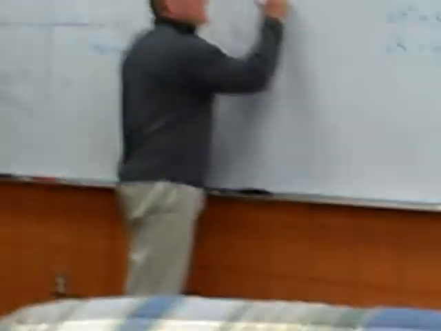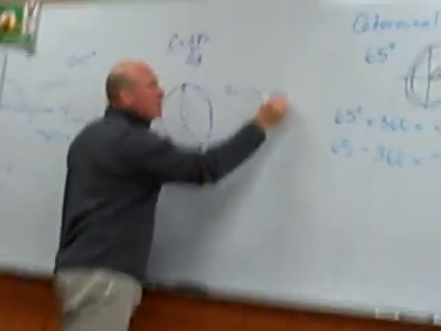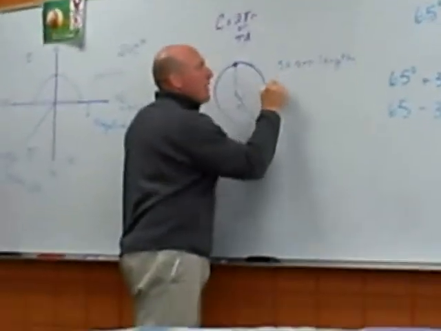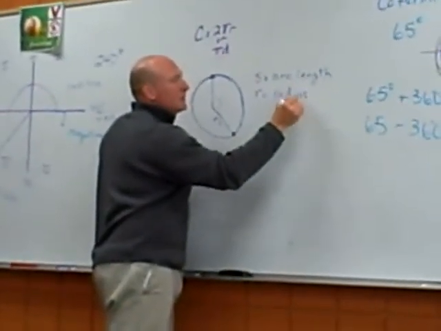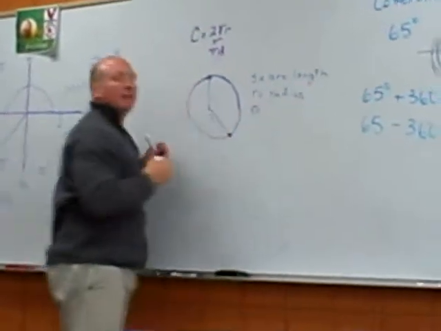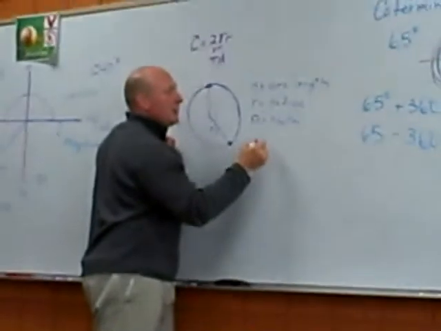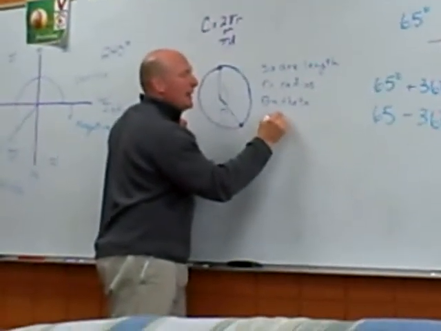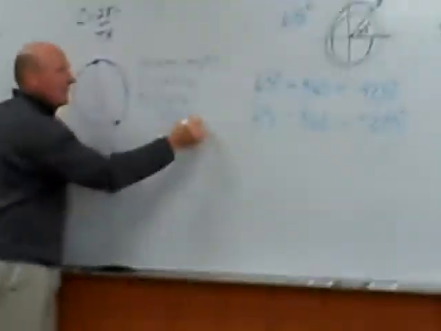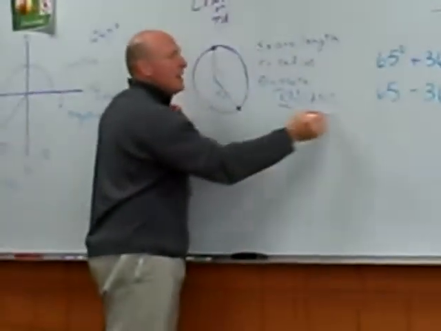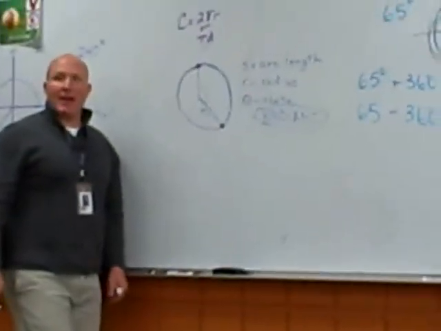Arc length is represented as S. We know R is radius. And you're going to see this symbol a lot. This is theta. This is your interior angle, and it must be in radians. If there's one thing that you get out of these formulas, it's that you've got to have it in radians.